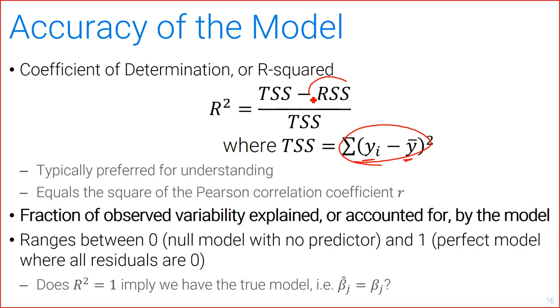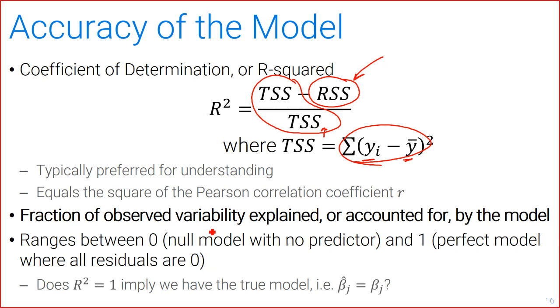And then here we subtract the residual sums of squares, as a fraction over the total sums of squares. So what we're saying here is this is the amount of variance that we don't know about in the model, what we cannot explain, the residuals, and this is the total variation in the data. So what we're saying is how much of the total variation in the data does the model explain? This is exactly what the R-square is doing.